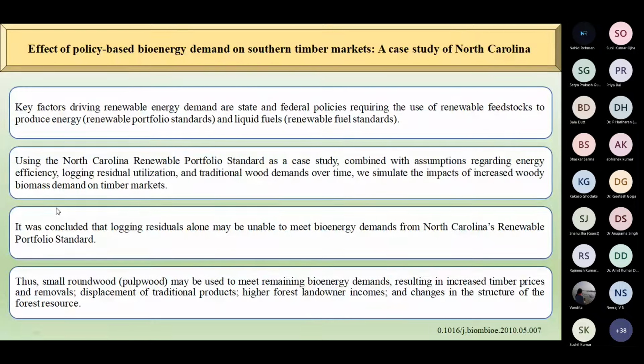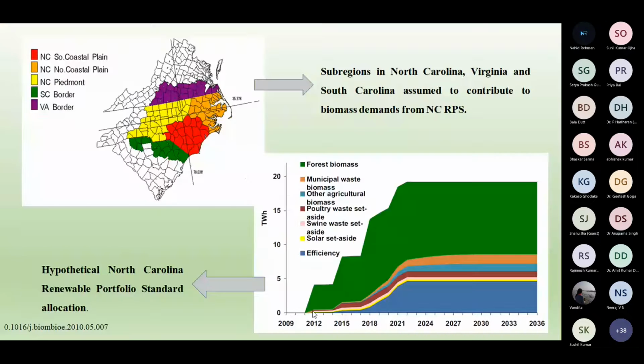which increases the timber prices, and naturally traditional products are then displaced. So there is higher forest landowner income that resulted, and there is a change in the structure. So you can see here that North Carolina, Virginia, and South Carolina are basically assumed to contribute to biomass demands.